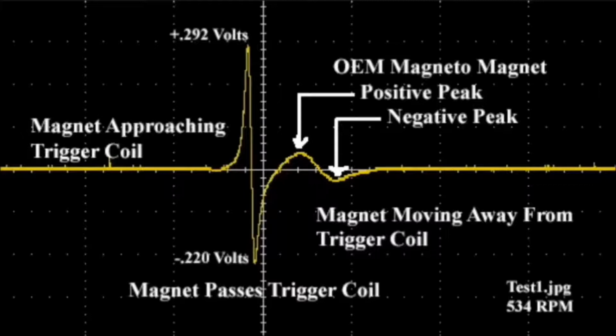So this is the effect of the OEM magnet. At this point, I left the power to the ignition turned off, so we did not get any radio frequency interference into our diagram.